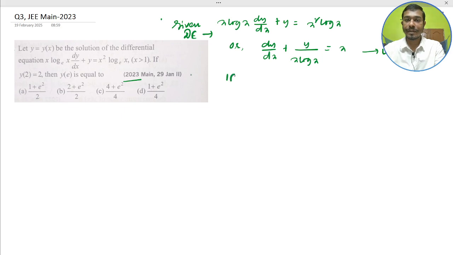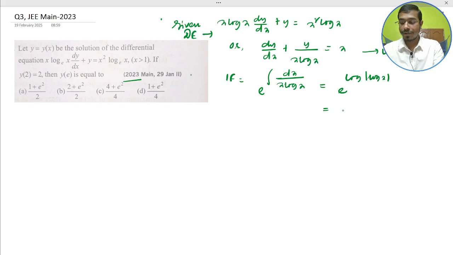So the integrating factor here would be what? e to the power integration of p dx, where p means 1 by x log x, so integral of 1 by x log x dx. So it would become e to the power log mod log x. This would become mod log x. Okay, this would be the integrating factor.